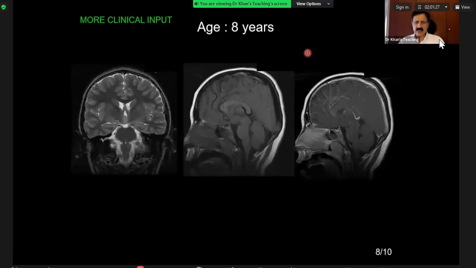Now, look at the clinical input. Clinical input is that this is an 8 year old. But if you go back to your anatomy and make up your mind what is the epicenter, look at the pituitary gland. The pituitary gland is normal. The mass actually is arising from the floor of the third ventricle, which is the hypothalamus. And it is projecting superiorly here into the third ventricle.